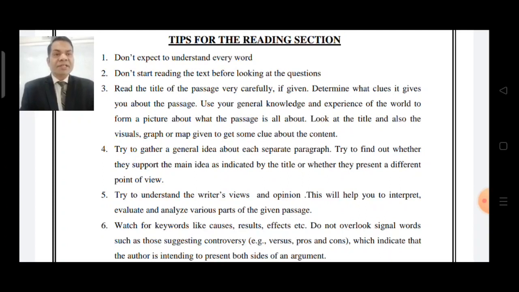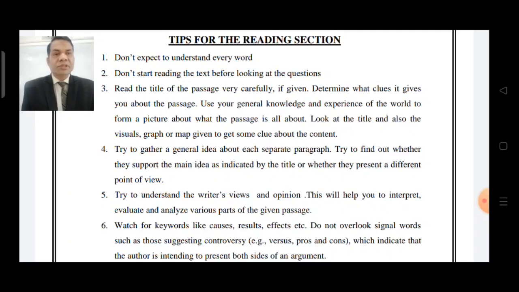Number 2, don't start reading the text before looking at the questions. So mostly it happens the moment students get the question paper, they start reading the complete unseen passage. They are not supposed to do it. Before reading the passage, they should look at the questions. They should read the questions.